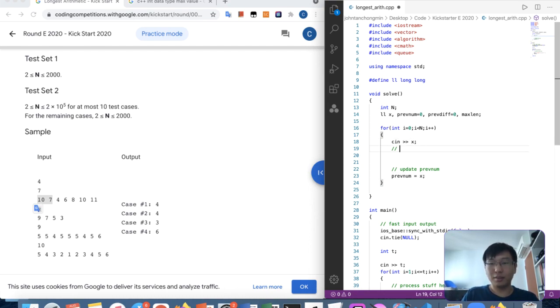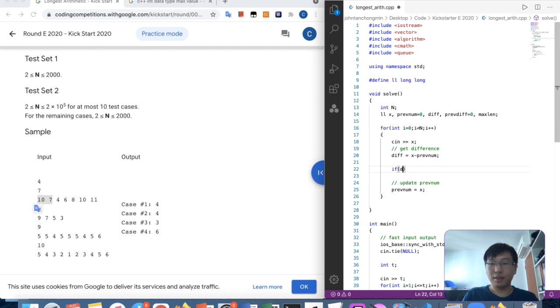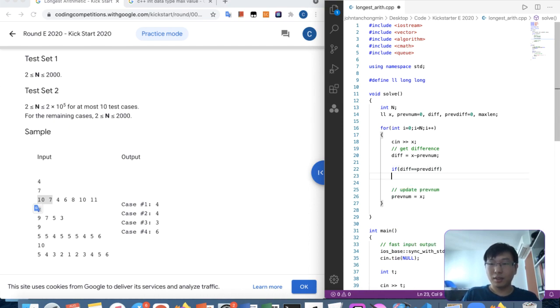So over here, first we get the difference. So diff equals x minus previous num. I guess we need another diff here, and we don't need to initialize because we get the difference. If diff equals previous diff, then we still need a count also.